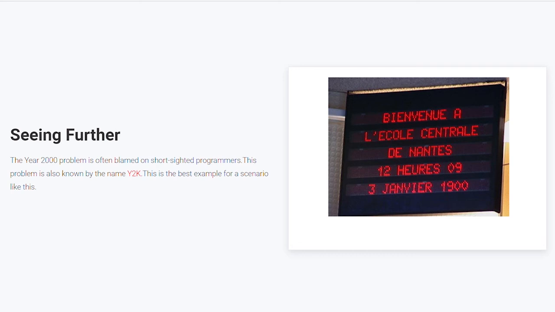So when the year 2000 came, 1900 and 2000 would be displayed the same. As I have shown in this example, you can see the date is 3 January 1900 instead of 2000. It's a clear mistake on the part of the developers. They should know the limitations of the particular software they are building, and they should try to overcome them. So let's move on.